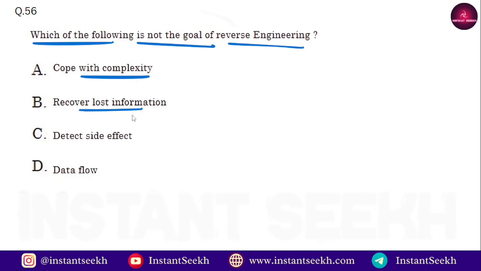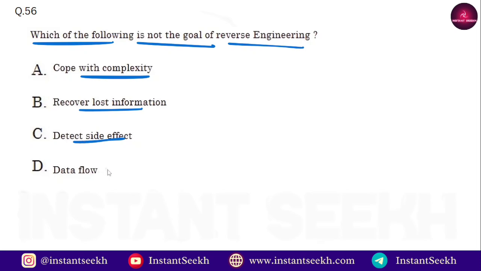So this is also one of the goals. Next, detect side effects. Reverse engineering can help in understanding and identifying unintended consequences or side effects within a system. So this is also one of the goals of reverse engineering.